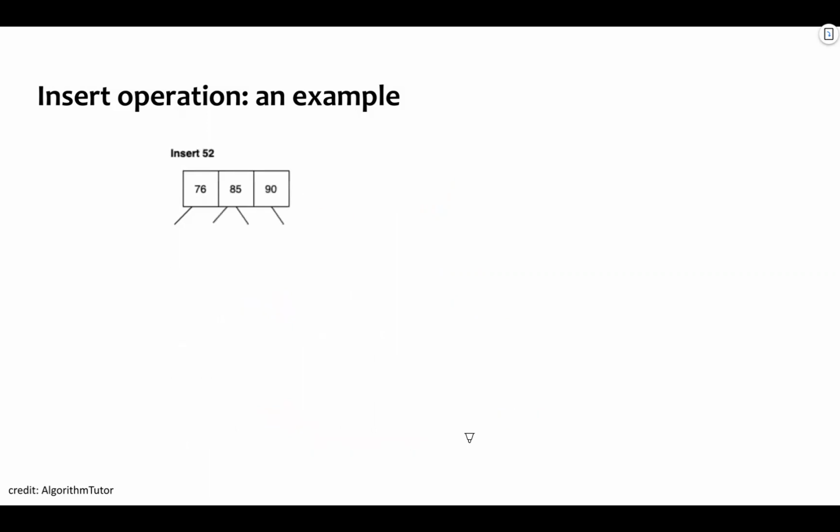And let's say we want to insert 52. In this case, because this one is a 4 node, we cannot add 52 here. And what we're going to do? We're going to split these nodes and then insert 52. So we first split this 4 node into this configuration.